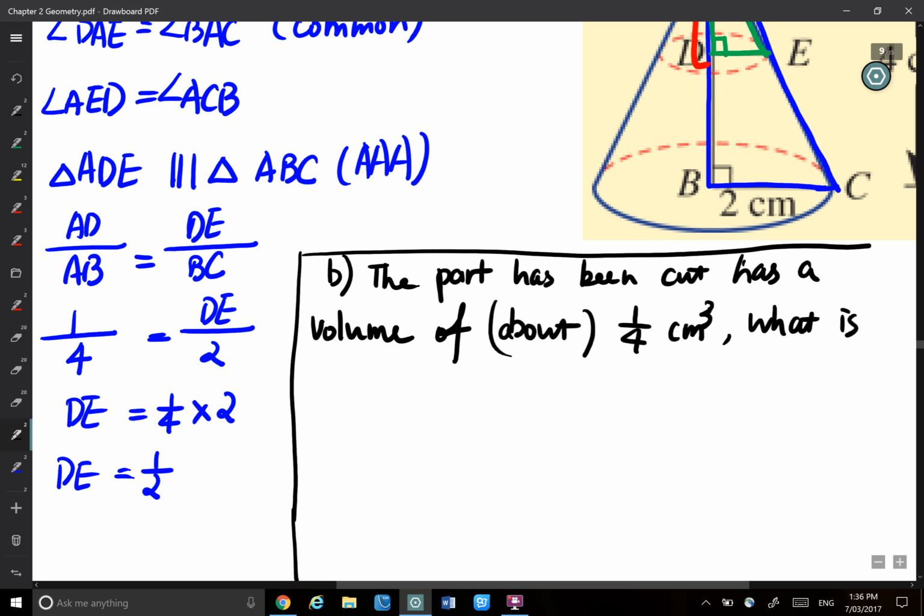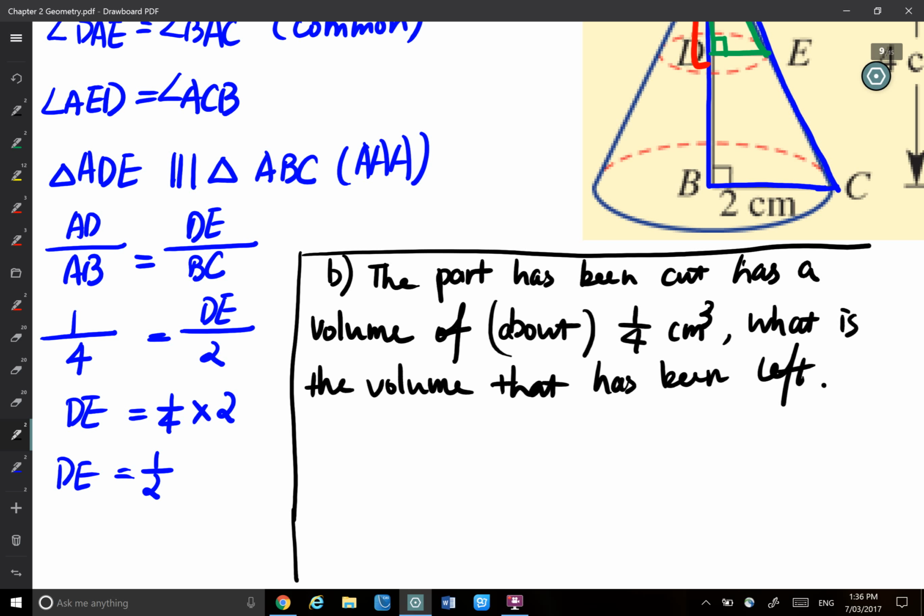What is the volume that has been left? So what has been left? I want the bottom part. Okay, so the part that has been cut is about a quarter. Do not calculate that by using the formulas for measurement. Use ratios.